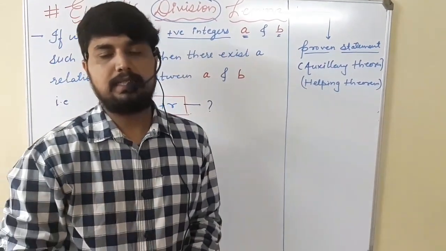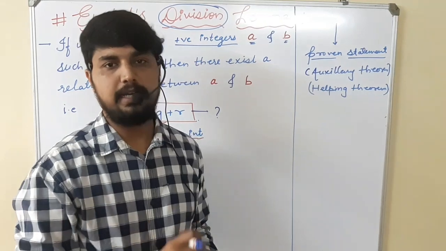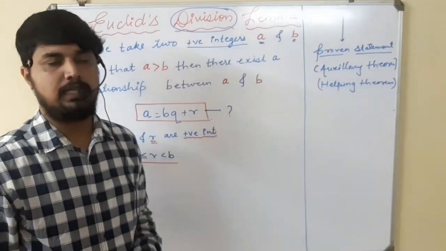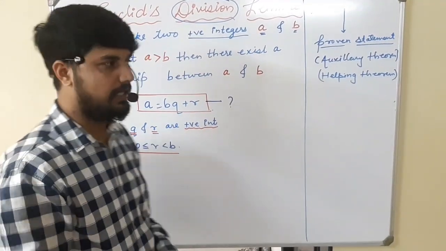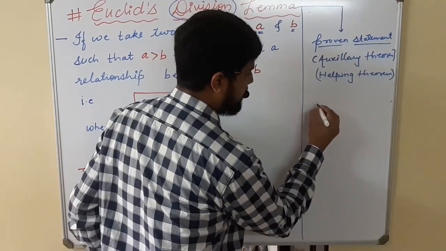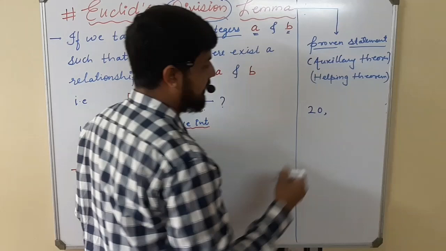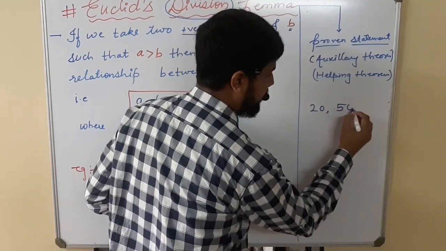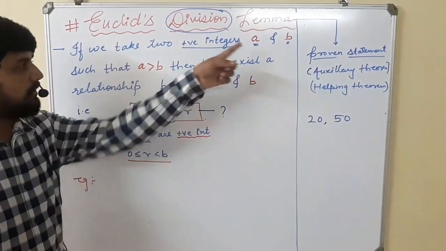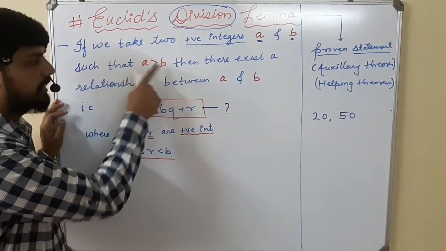Let's try to understand this Euclid division lemma with some simple examples so that it will be clear in your mind. First of all, we have to assume two positive integers. I'll take the first integer as 20, and the second integer, let's suppose, 50. As per the condition of Euclid, a is always greater than b.